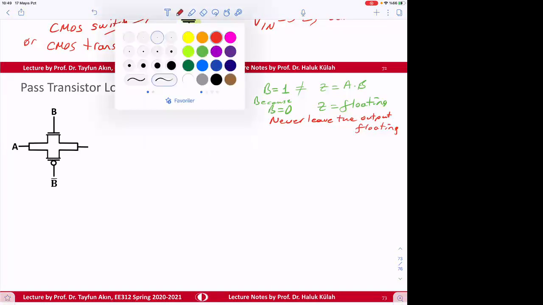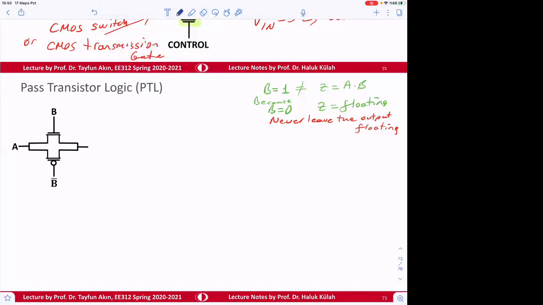One way is maybe just to do this. We can use another transistor like this, if it's okay for us not to use the CMOS.